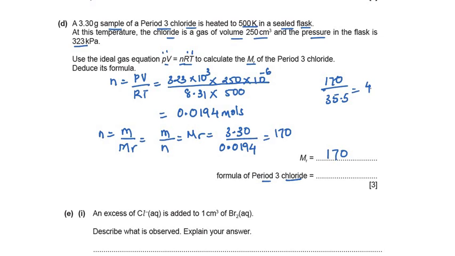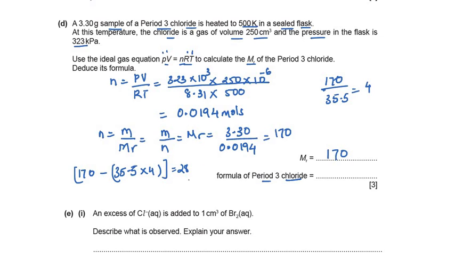So that shows that the only possible number of chlorine atoms is 4. The 4 chlorine atoms will give you the mass of 35.5 × 4. And if you want to find out which period 3 element is there, we can do 170 minus 35.5, so the answer is 28.